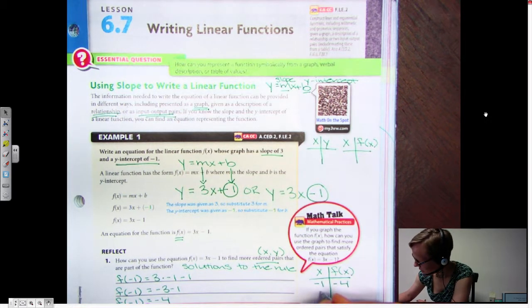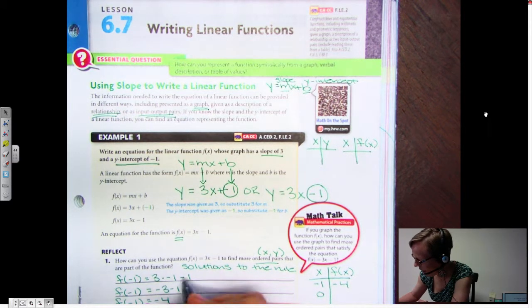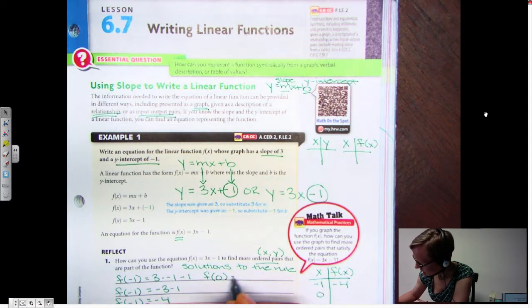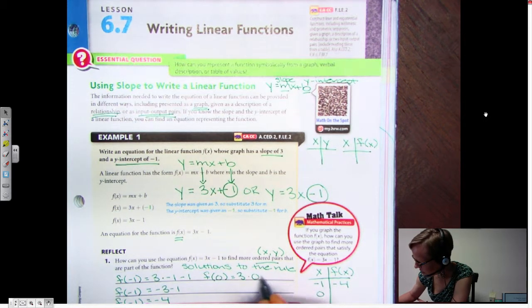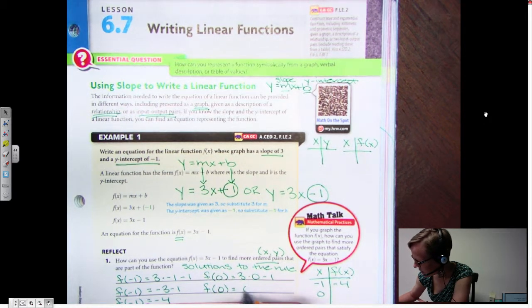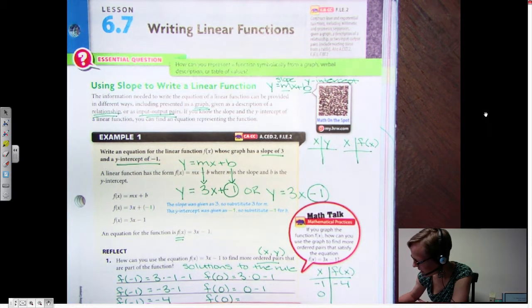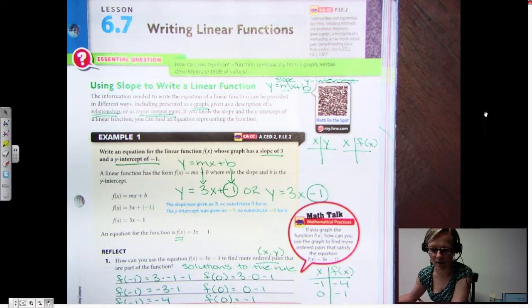Just to do a really easy one, let's plug in 0. When you plug in 0, you should get the y-intercept. So f of 0 is 3 times 0 minus 1. So when we plug in 0, we get 0 minus 1. So f of 0 is -1, which is our output of -1.